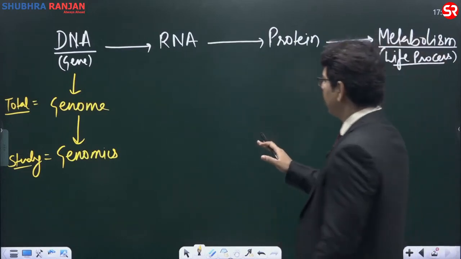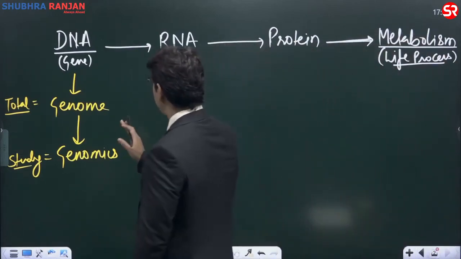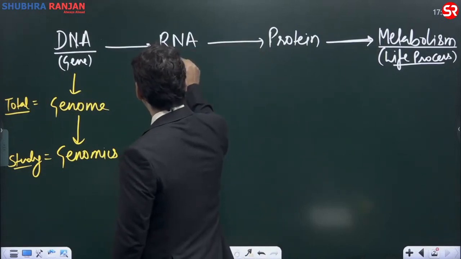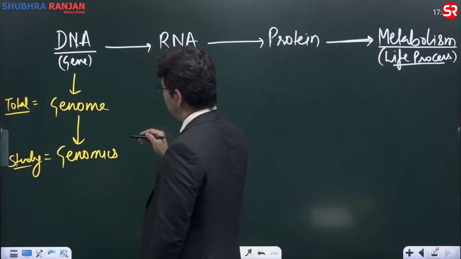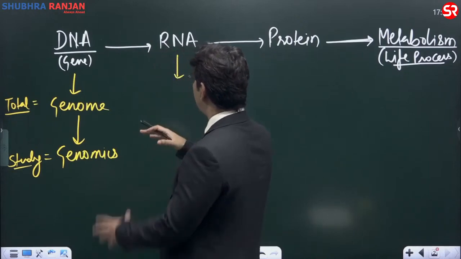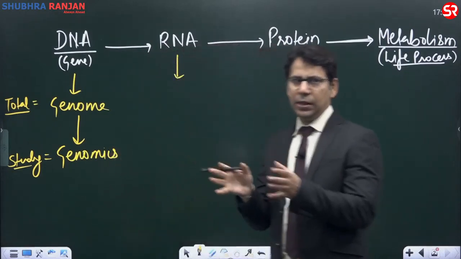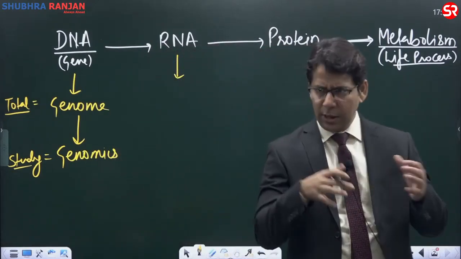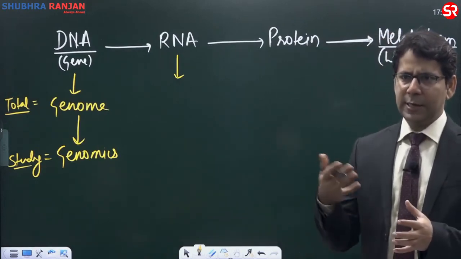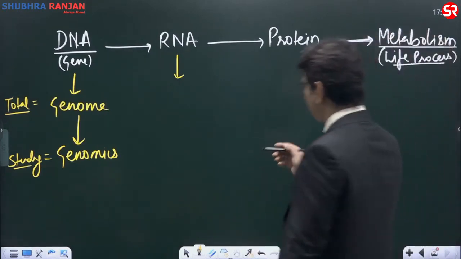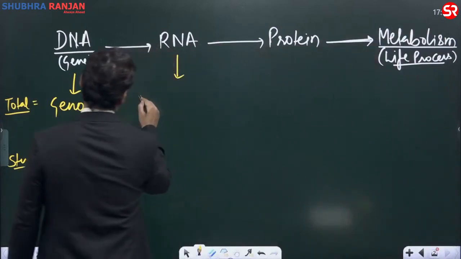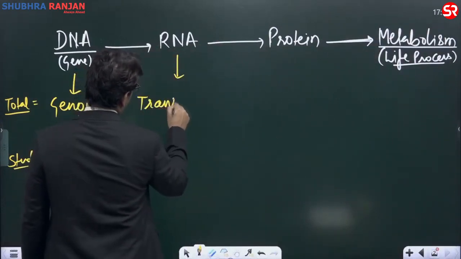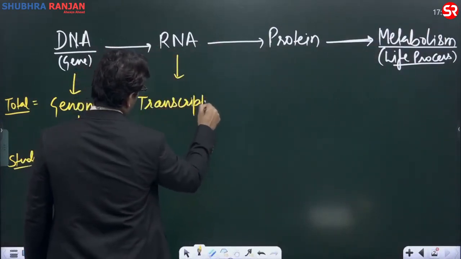So we'll talk about it. But genomics is an important topic. But you know that there is a word for RNA also. Let's say if we have to talk about total RNA present in any cell or any body, total RNA, whatever RNA DNA has made, the total RNA would be known as transcriptome. What will we call it? Transcriptome.